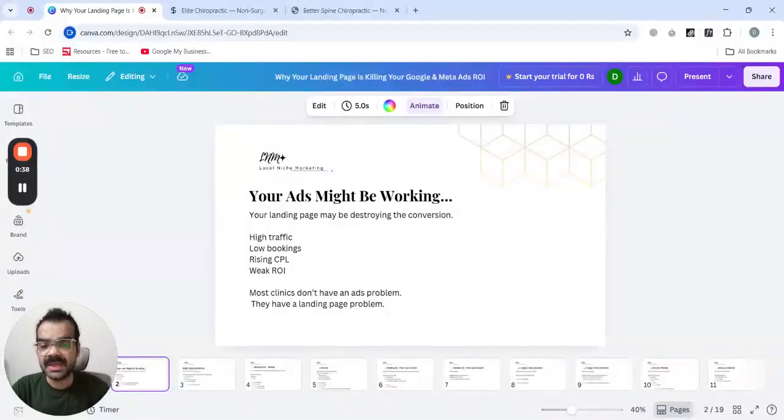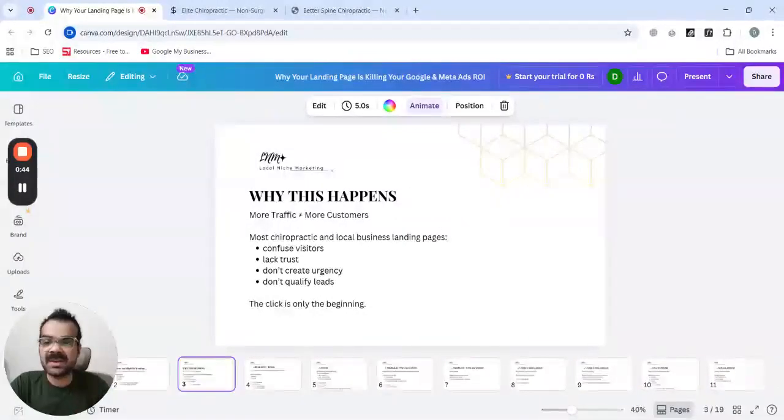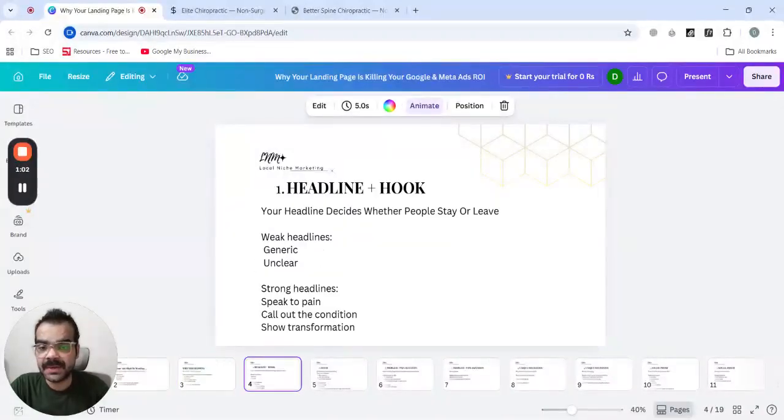The problem is when the user gets on your landing page, he gets confused. It does not have the answers he was looking for, and he is not interested in doing business with you because he does not trust your brand yet.